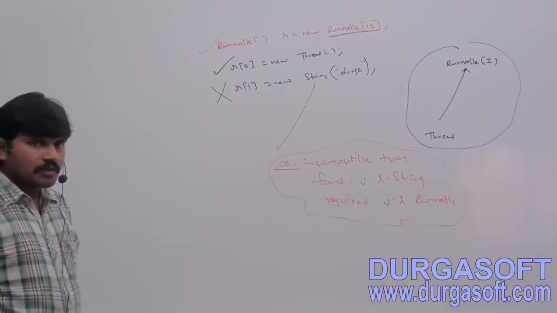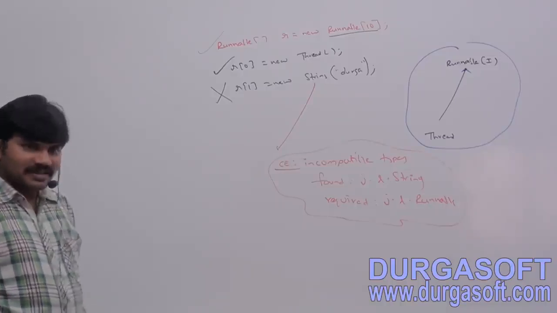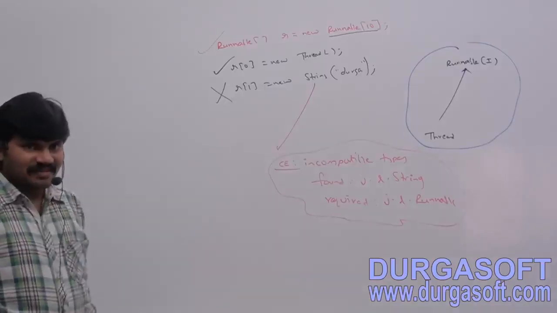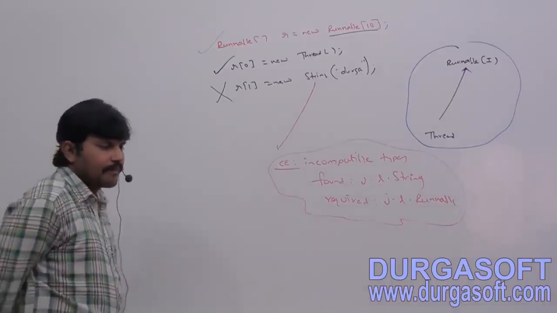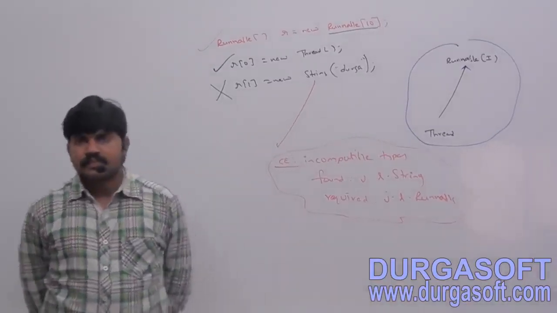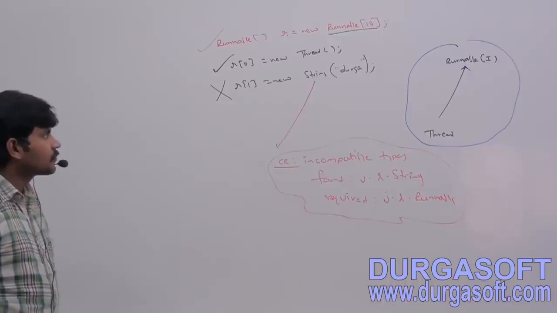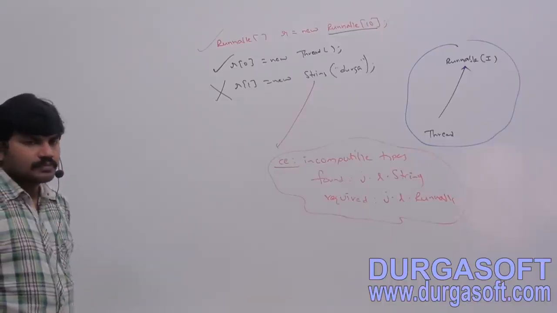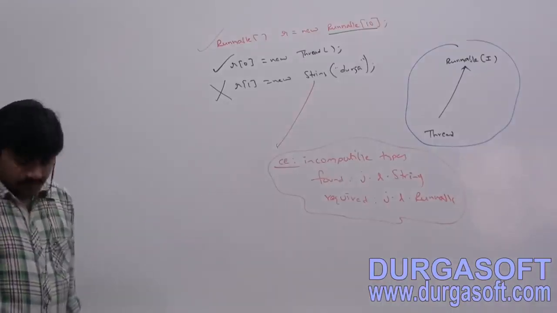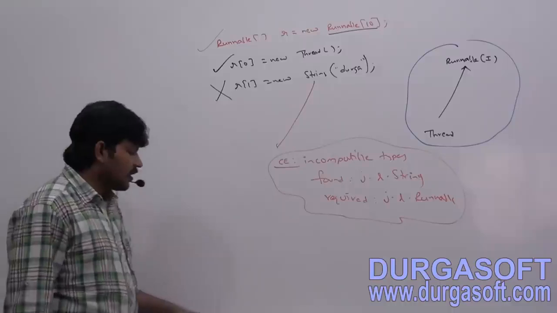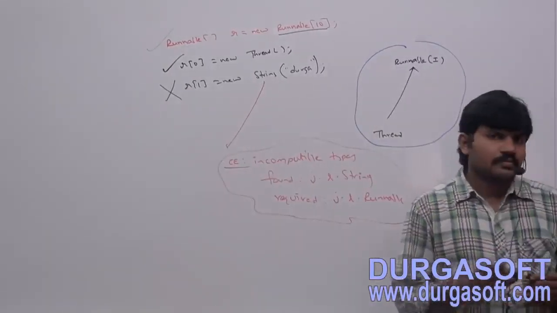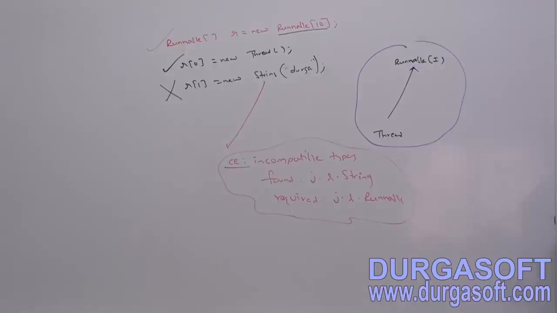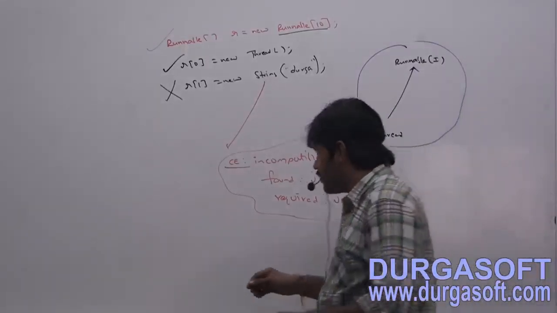Throwable is what type? Exceptions, not threads. So take this clearly. I hope it is clear, right?